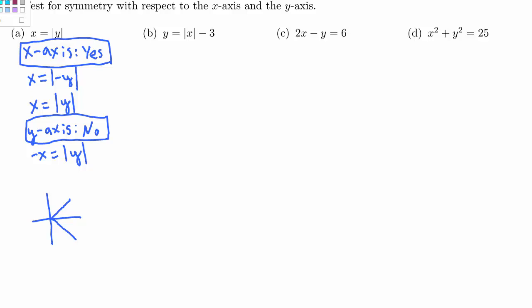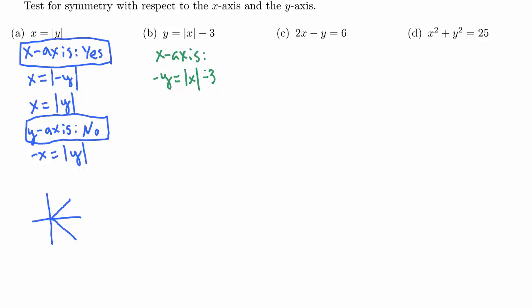Now let's look at B. B is y equals the absolute value of x minus 3. If I'm testing for the x-axis, I'll replace the y with negative y. When I do that, that gives me negative y is equal to the absolute value of x minus 3.